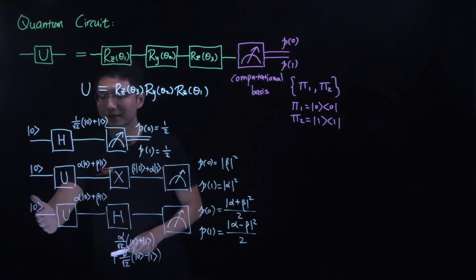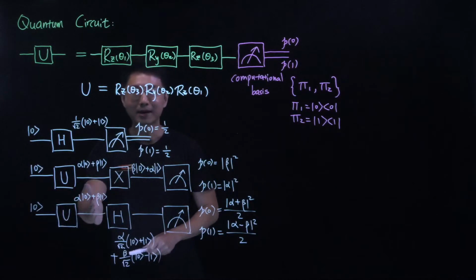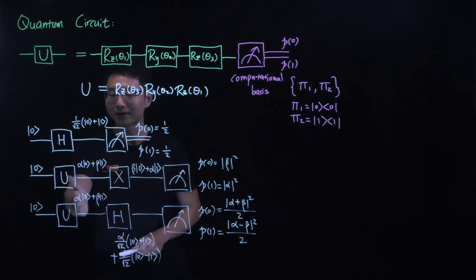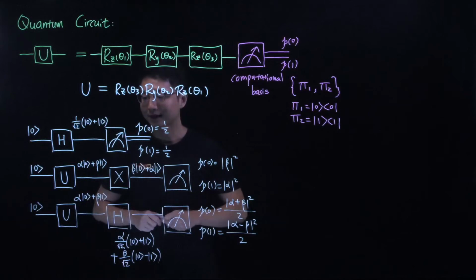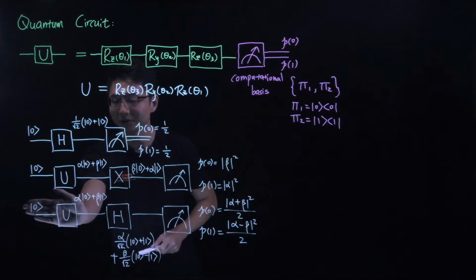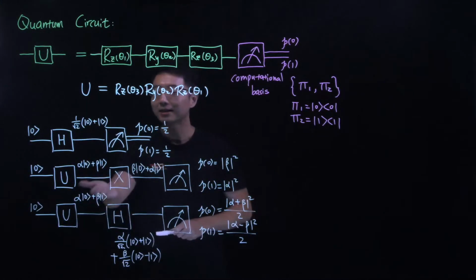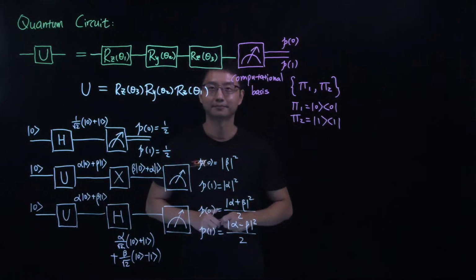Hence, this combination of initializing the state in the 0 state plus the general unitary can be thought of as a preparation step where you could prepare any state in a superposition of alpha and beta. In fact, that is why sometimes you will see that this part of the quantum circuit is ignored and the system just starts with the state alpha 0 plus beta 1 at the very initial step.